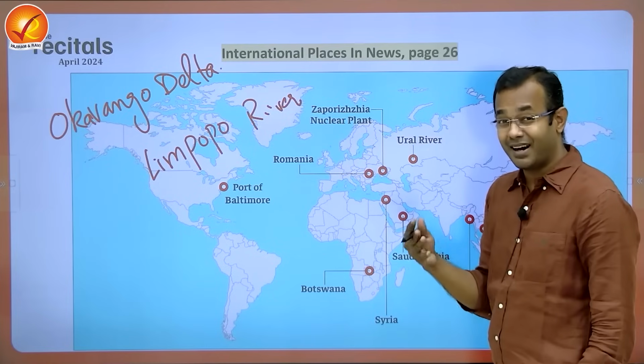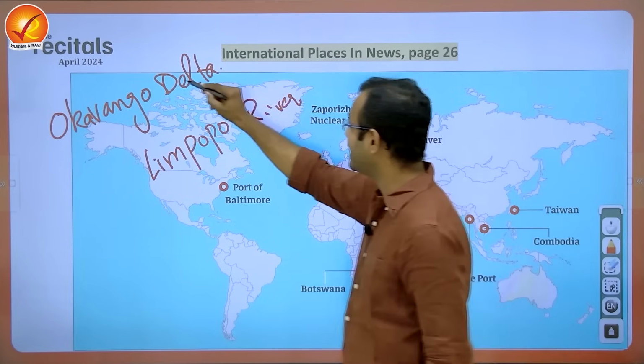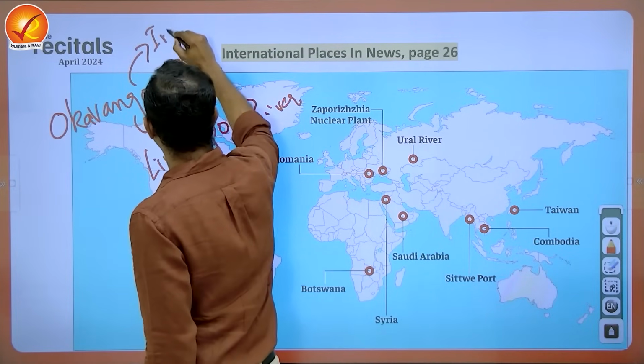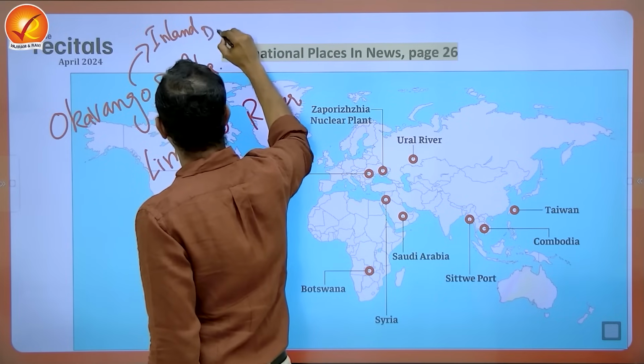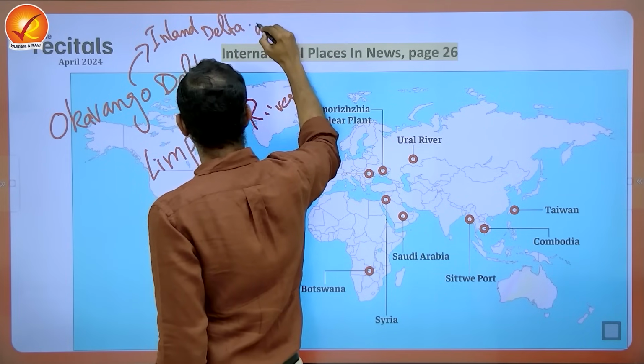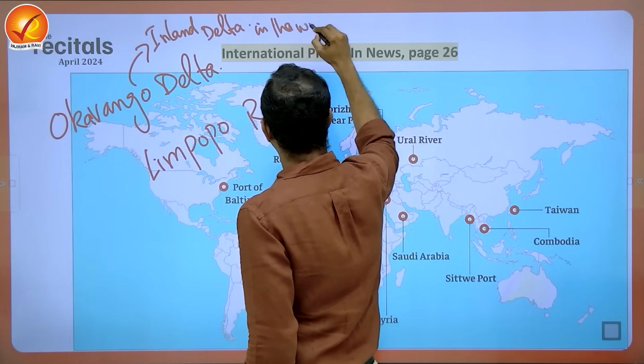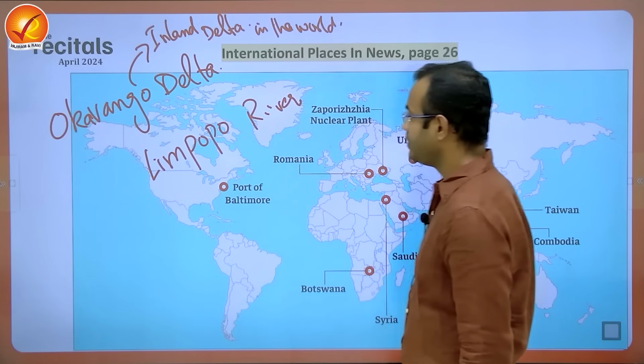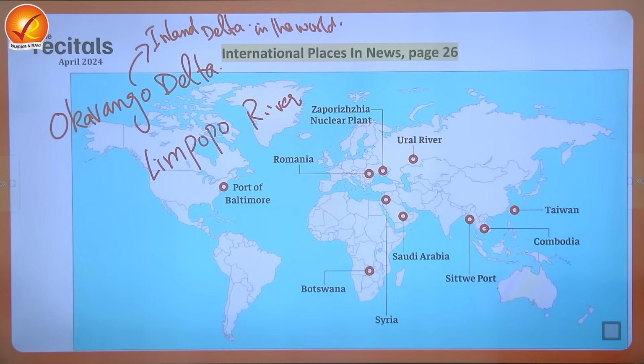Okavango Delta is one of the largest inland deltas in the world. Limpopo River is an important river of Botswana.